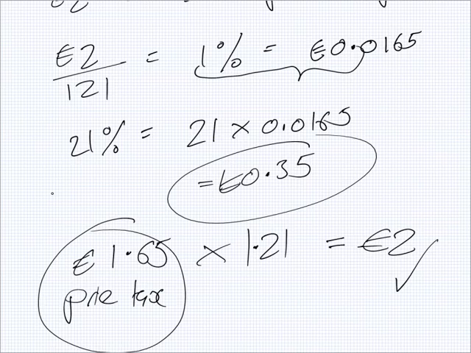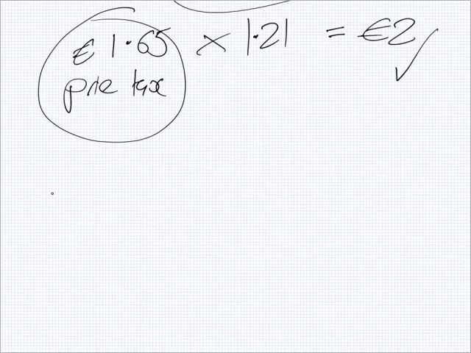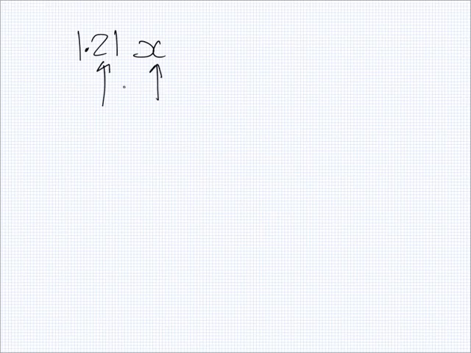Yes? The way you were saying, the other way to think about it: let's call the original price X. After the VAT is added, how do you increase by 21%? You multiply by 1.21. So this is the old price, this is to increase it, and it should equal 2 euros.